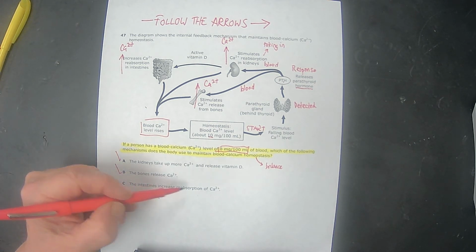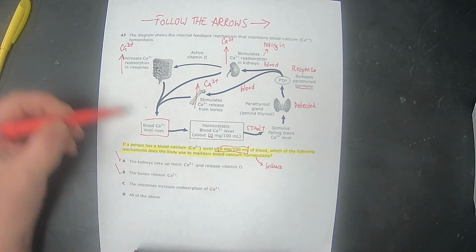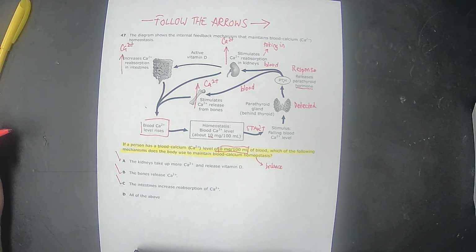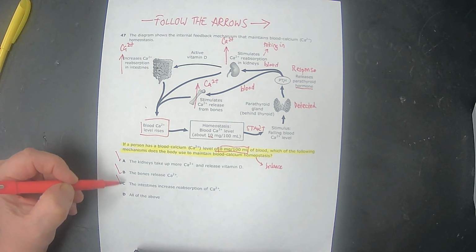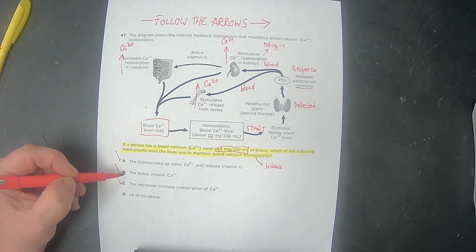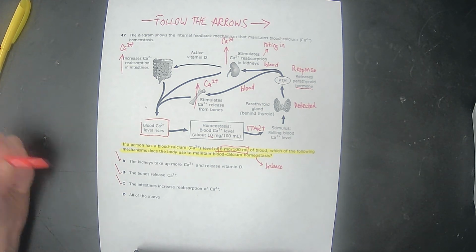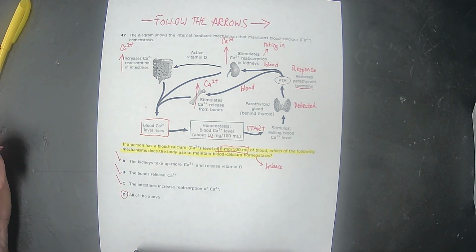The intestines increase reabsorption of Ca2+? Reabsorption, Ca2+, reabsorption. So that again was correct. These were directly in that diagram. So if I've got all 3 of these things happening, my correct answer is D, all of the above.